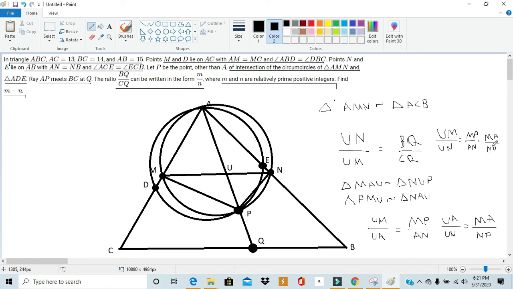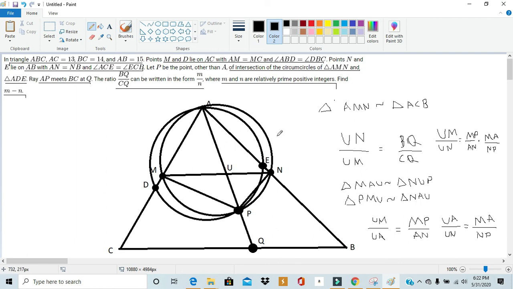Well, the thing is, we already know a couple of these sides, MA and AN, because we remember M and N are the midpoints of their sides respectively. So MA would be half of the side AC, and AN would be half of the side AB.